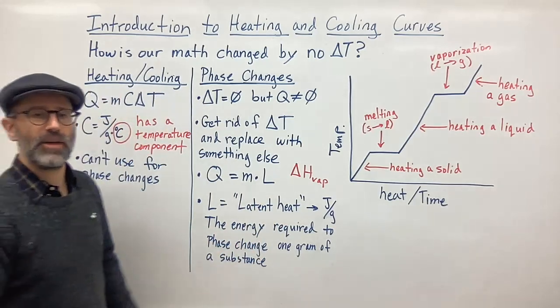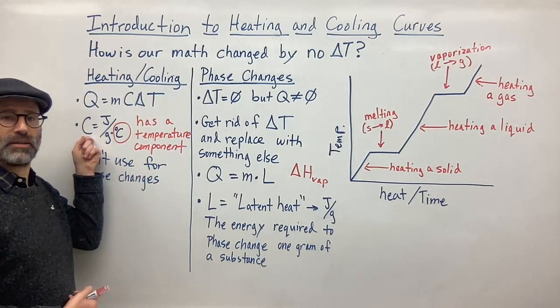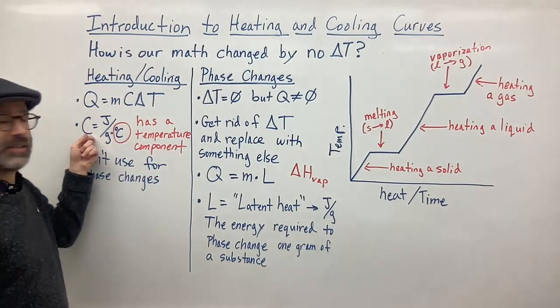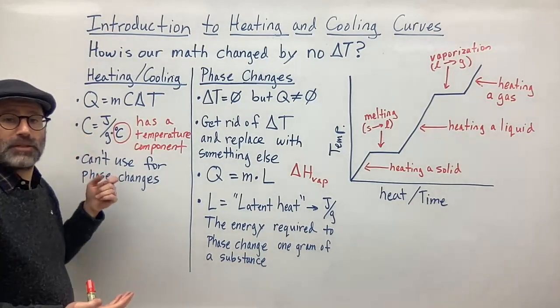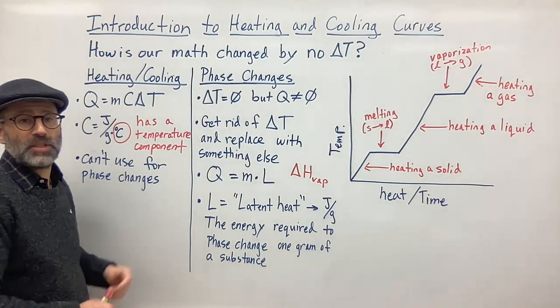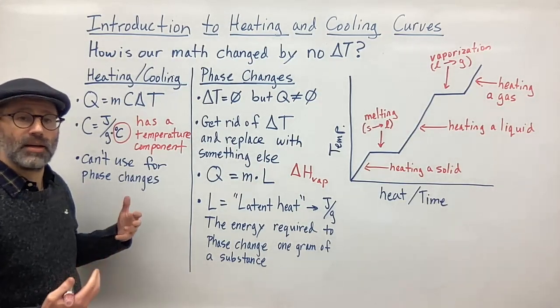So that means that for the sloped parts, you're going to have to be given specific heats. And so different specific heats go with different phases that you're in. Solids are going to have different specific heats than liquids. Liquids are going to have different specific heats than gases, right?